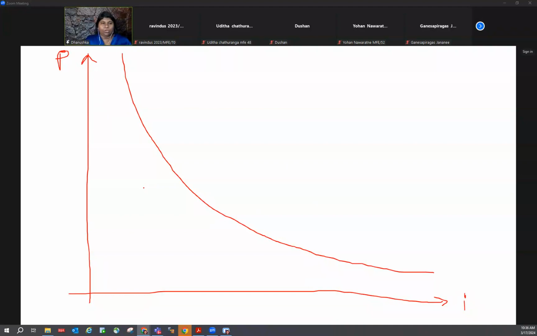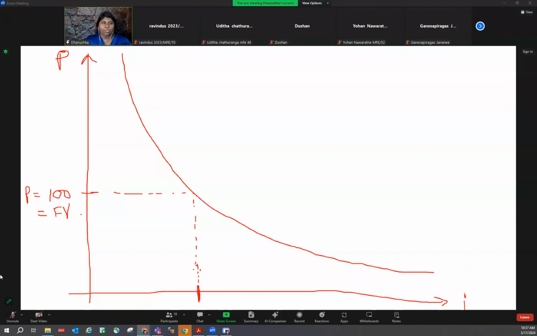Do you understand that when price is 100, that means it's equal to face value, right? Assuming that your face value is 100. What is the unique feature you will see about the interest rate of this bond? When your price is equal to 100 of face value, what is the unique feature you will see about interest rates of this bond?